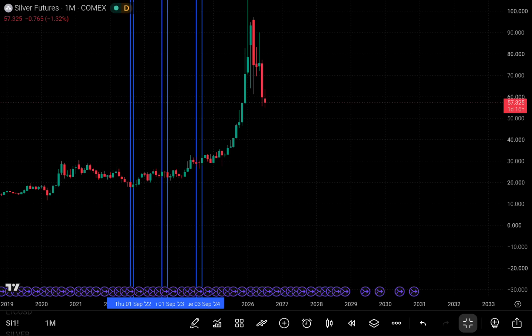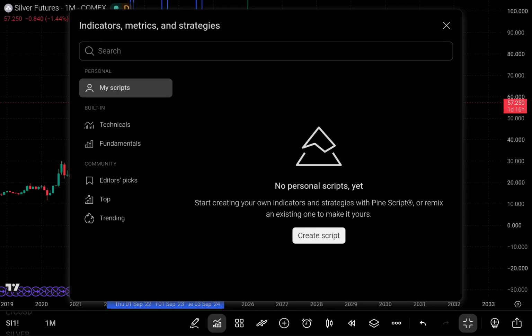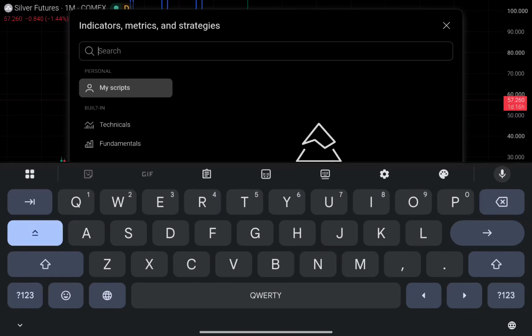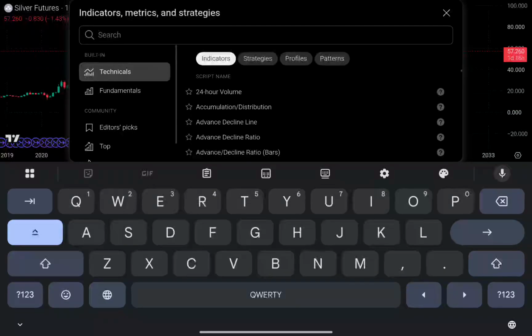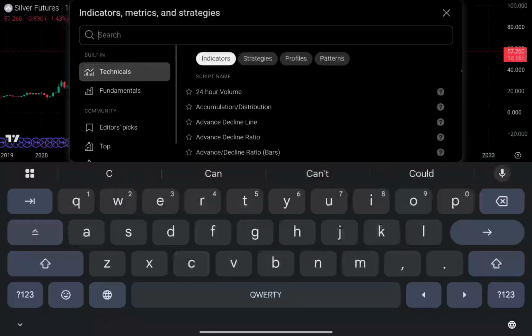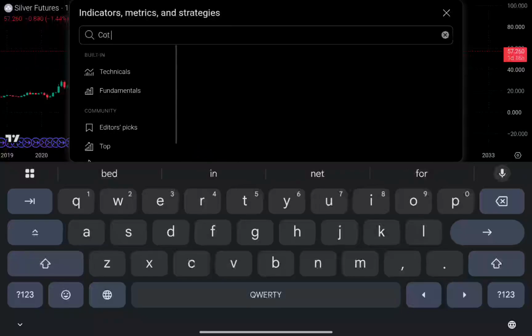Now look, guys, if you look down below, you're going to see this draw button, and there's this graph button next to it. You could literally pull up any indicators. You're going to go to the search bar and search COT index.